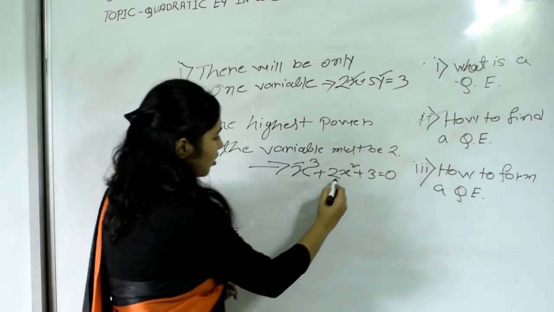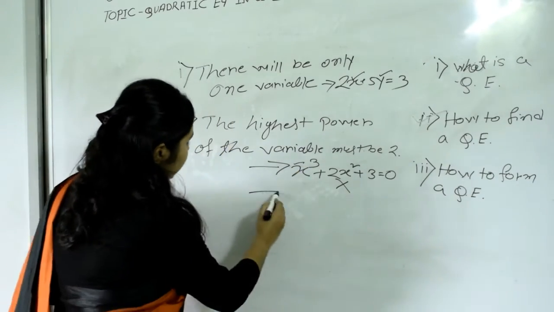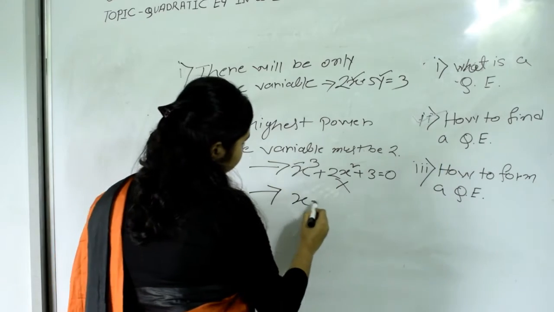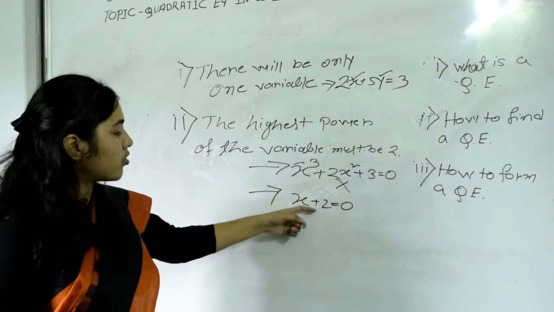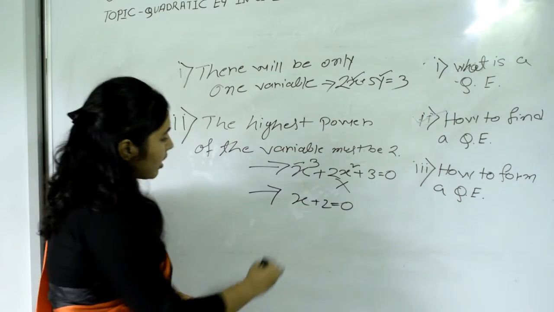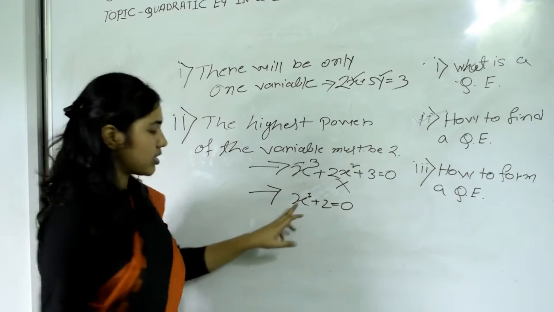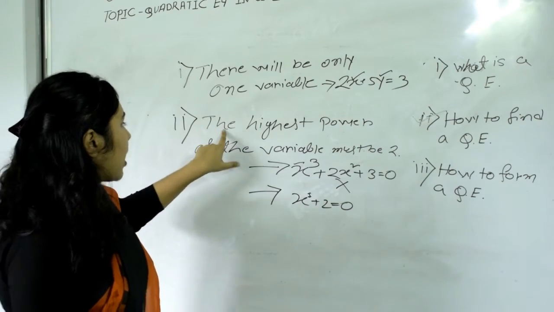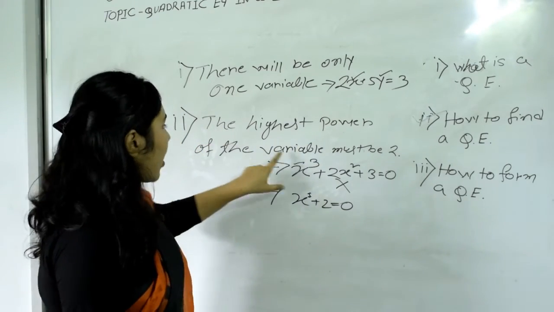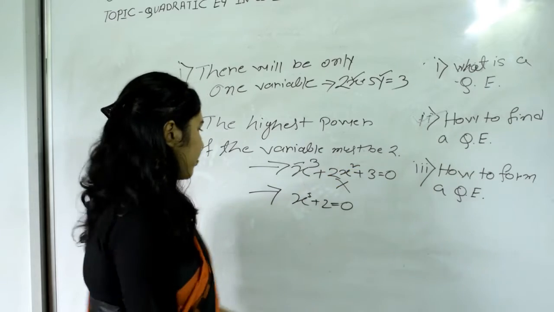That means this is not a quadratic equation. Same also if we consider x plus 2 is equal to 0, this is also not a quadratic equation, because here also the highest power of x is 1, not 2. So our second characteristic is the highest power of the variable must be 2.